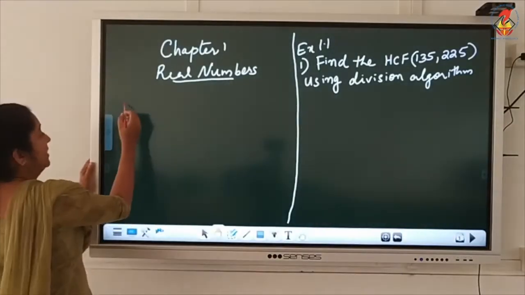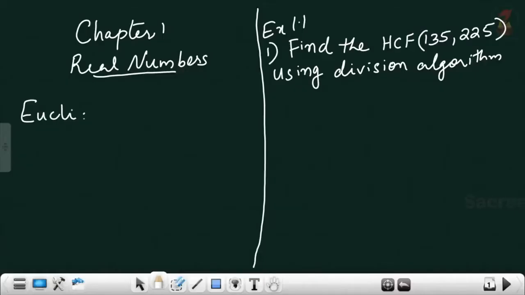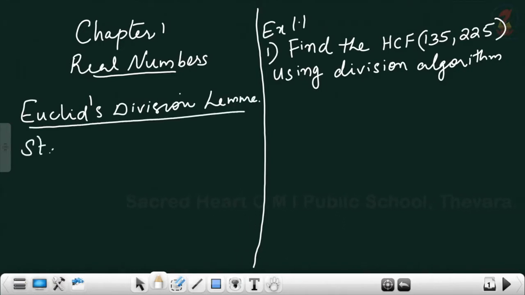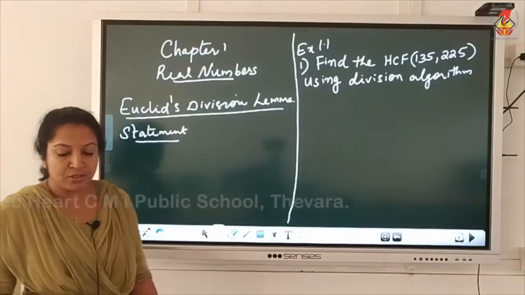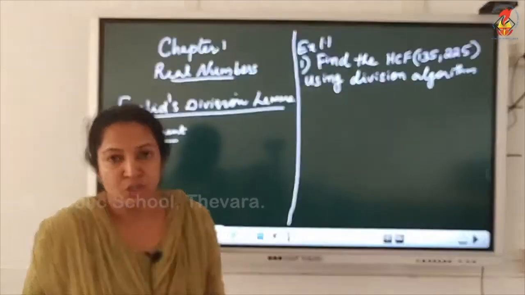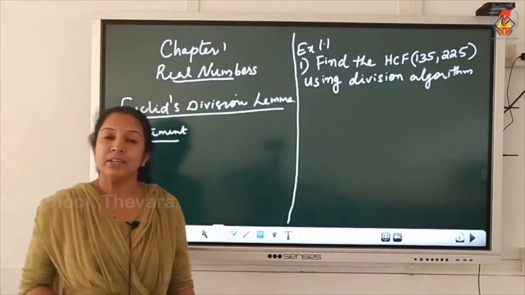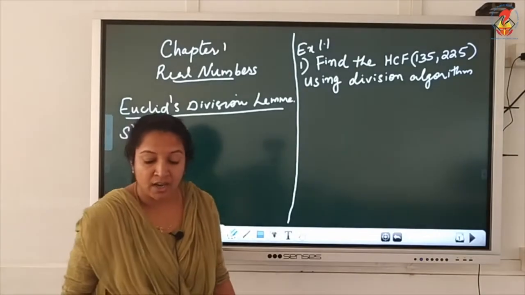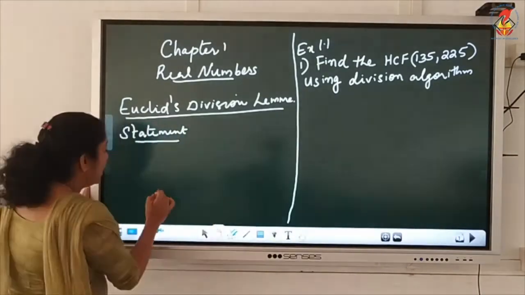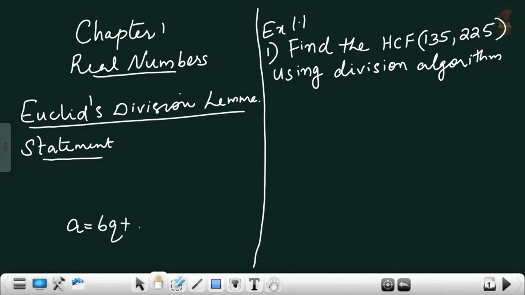In this chapter, the first section is Euclid's division lemma. Statement: given positive integers a and b, there exist unique integers q and r satisfying a equal to bq plus r, where 0 less than or equal to r less than b.